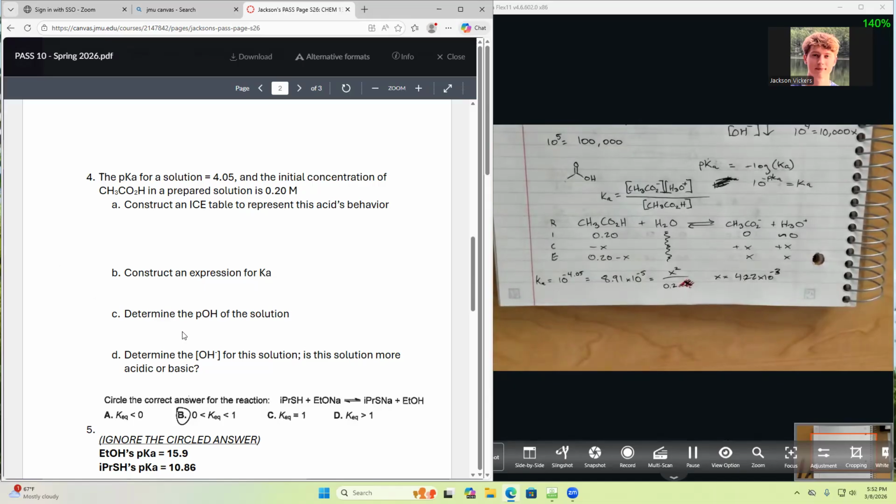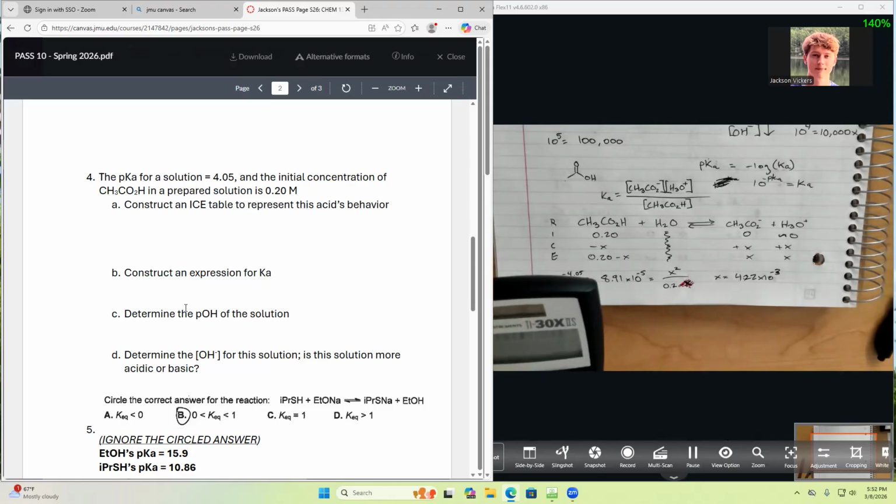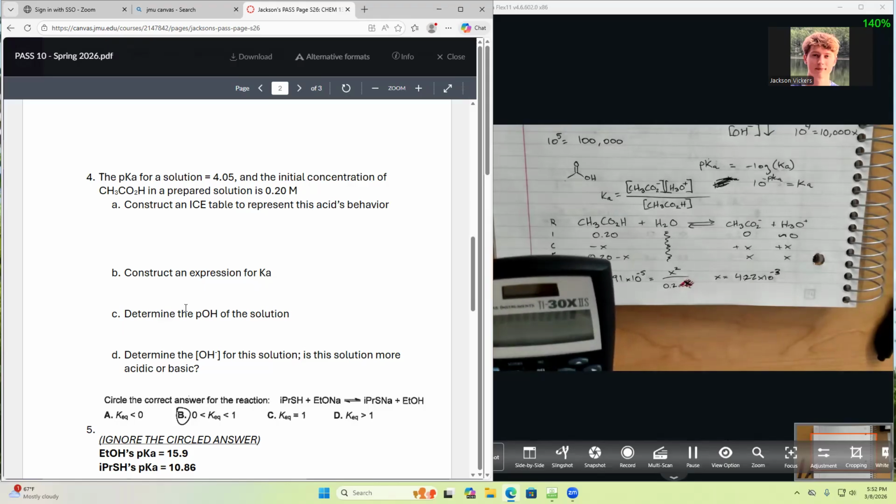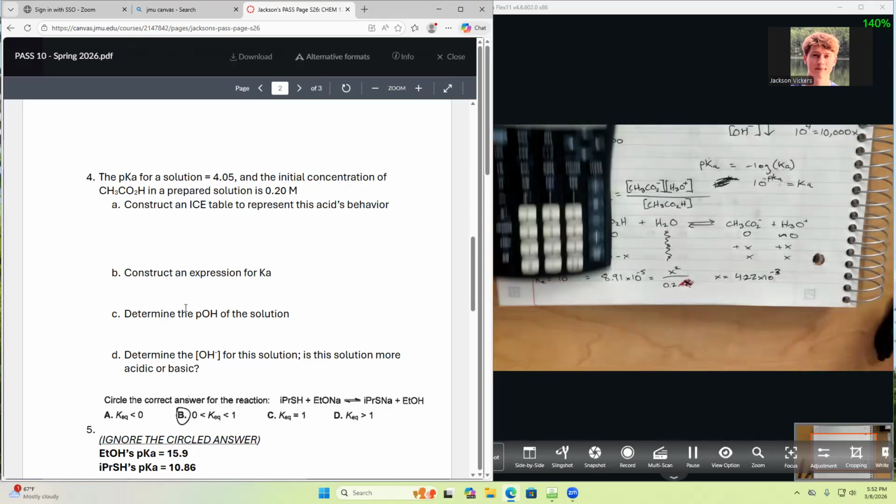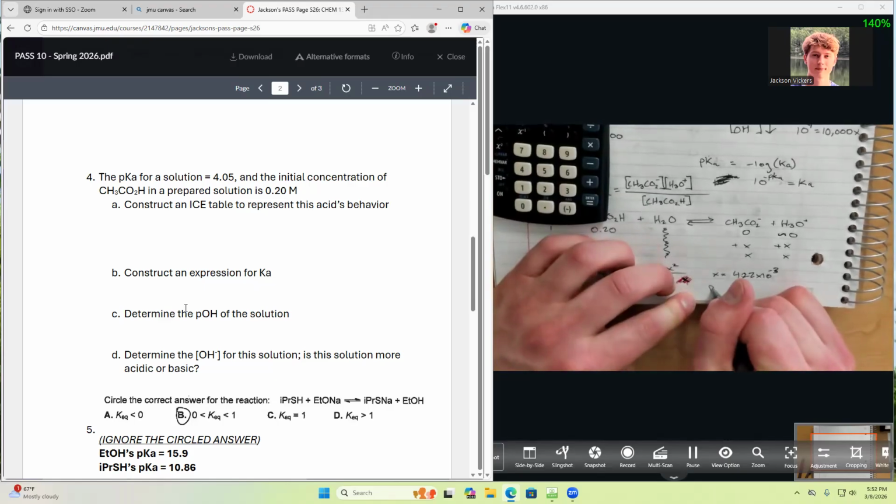Because we're asked to find, this is extra tricky, we're asked to find the pOH. So we're going to need to do a couple steps. But we know that x is equal to hydronium ions at equilibrium. So we can do the minus log of x to get a pH.